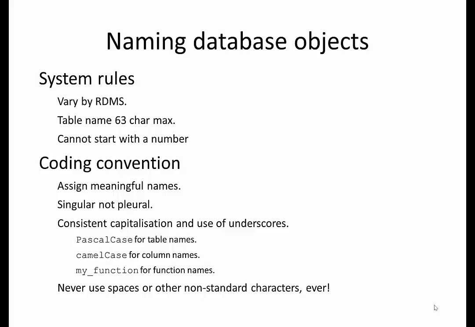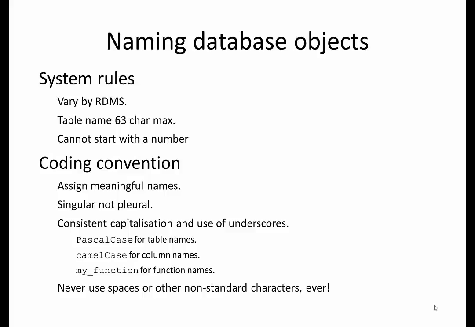So there are the rules that the system, the software, imposes upon you, and then there are rules that you impose upon yourself because it's a good idea, so coding conventions. To a certain extent these are hopefully totally self-evident, but we need to remind ourselves. So assigning meaningful names to tables and fields.